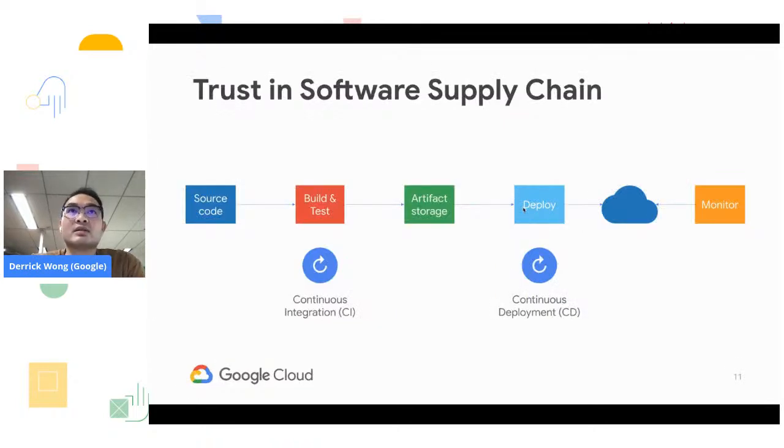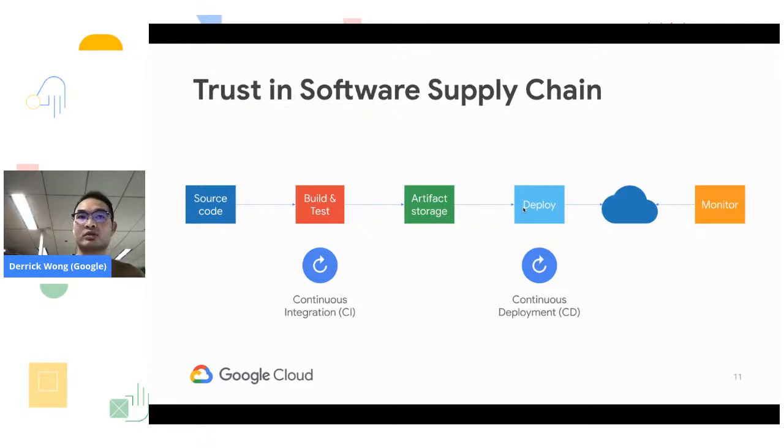So, the first one: the trust in the software supply chain. This is an oversimplified version of a CI/CD pipeline. From the left, you have your source code. As a developer, you commit your source code, and then the SCM, like GitHub or GitLab, the repository, will trigger the pipeline, executed automatically or periodically.